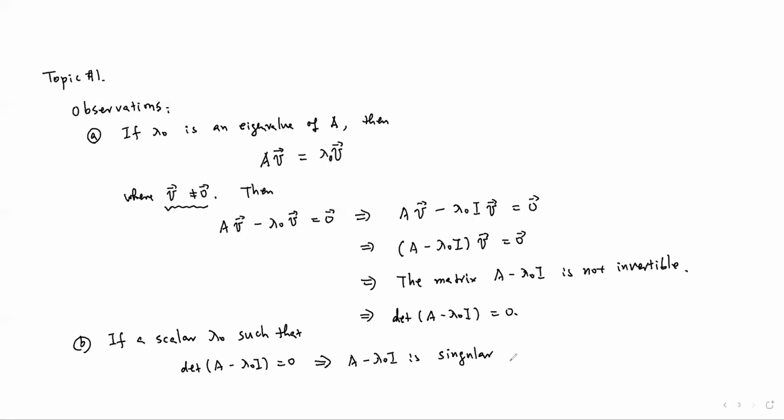When a matrix is not invertible, then this linear system has non-zero solutions. This is by part 4 of the invertible matrix theorem in section 2.3 of my notes.